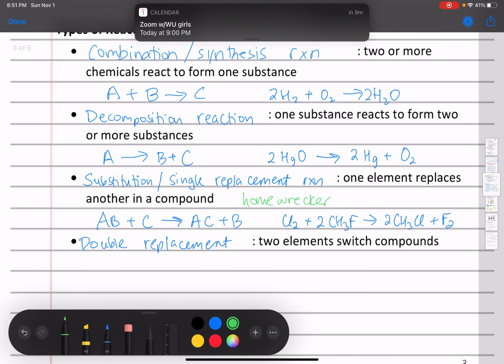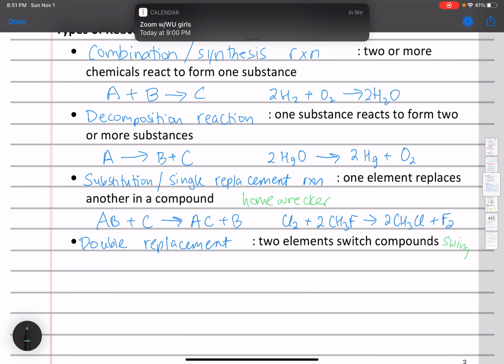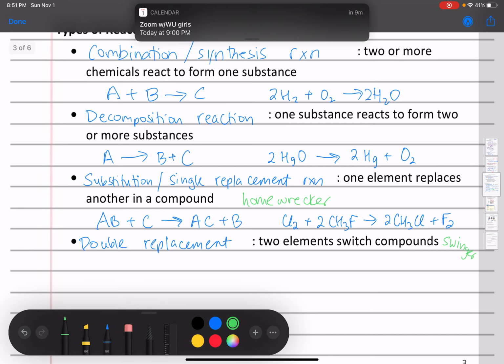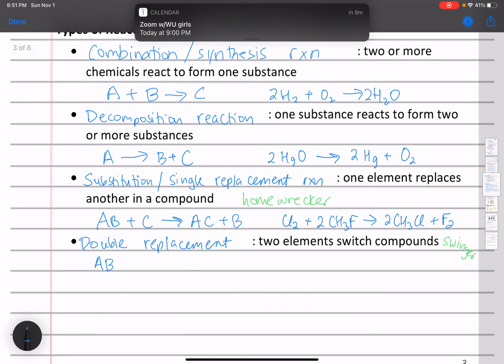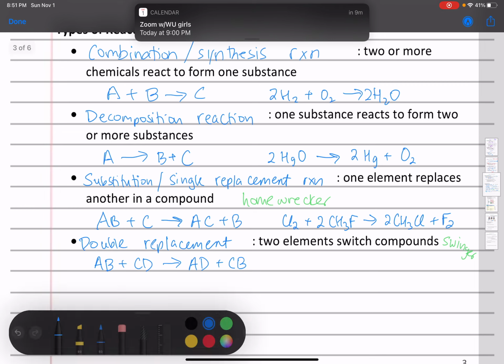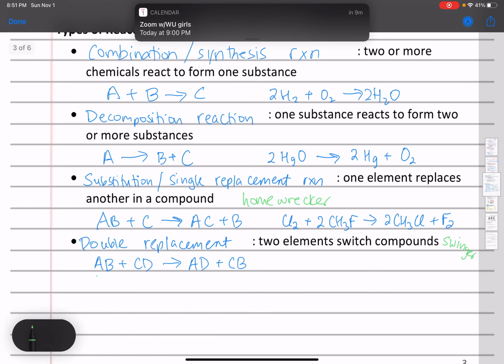So my analogy here is that I call these swinger reactions. Swingers in a relationship sense are couples that switch partners. So if we had AB plus CD, and they switched partners, so then A and D got together, and C and B got together. That would be a double displacement. That's how we did the swap here.